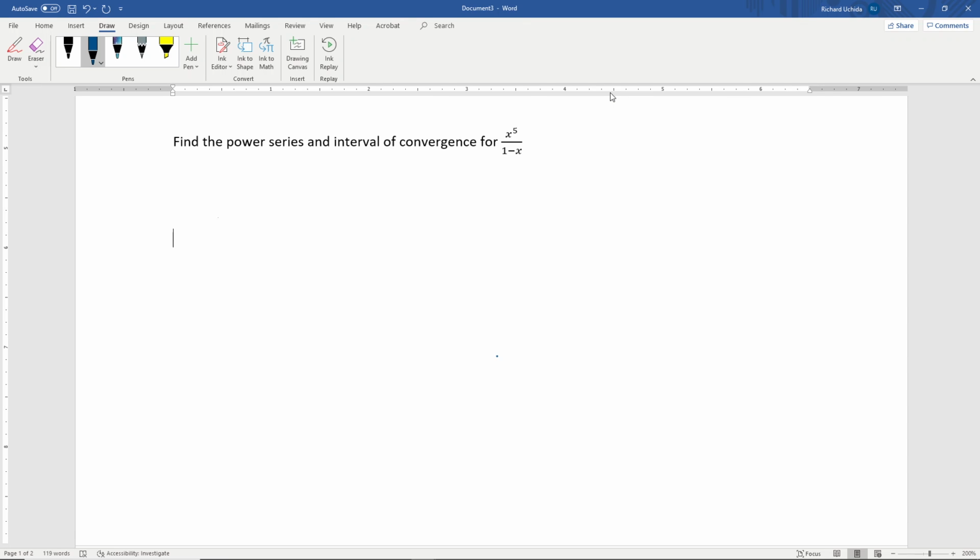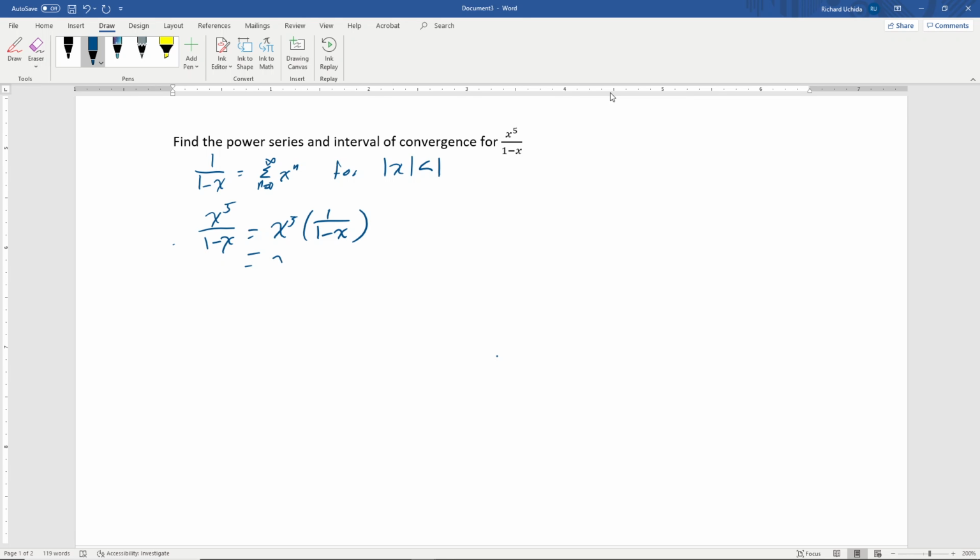Now, recall that 1 over 1 minus x equals the sum, as n goes from 0 to infinity, of x to the n, for values of x for which the absolute value of x is less than 1. So for this x to the fifth over 1 minus x, we're taking x to the fifth times 1 over 1 minus x.